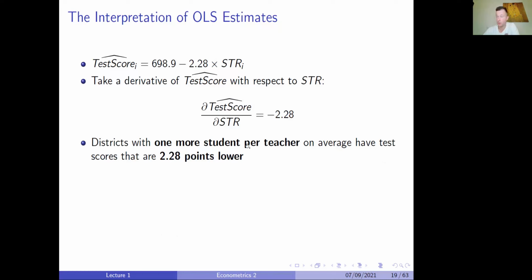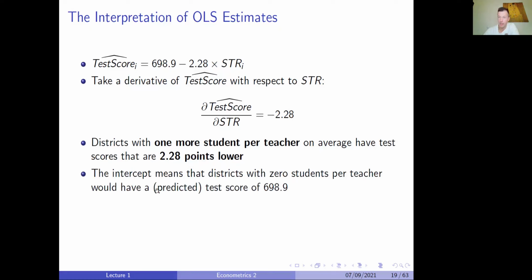If you have two more students per teacher, you need to multiply 2.28 by 2. That's going to be 4.56 points lower. If you have three more students per teacher, well, you multiply 2.28 by 3 and you have some other number there. So this is the simple interpretation of this beta 1 estimate.